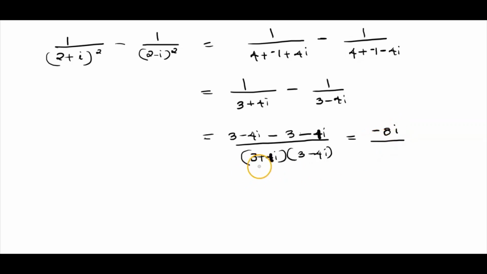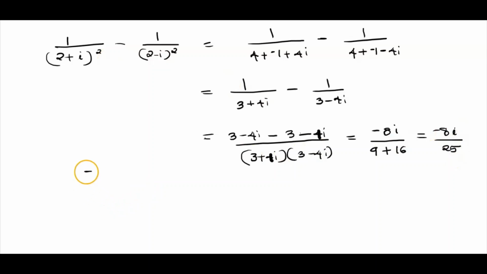The denominator is a square plus b square, that means 3 square 9 plus 4 square 16, which is 25. So this complex number becomes minus 8i by 25.